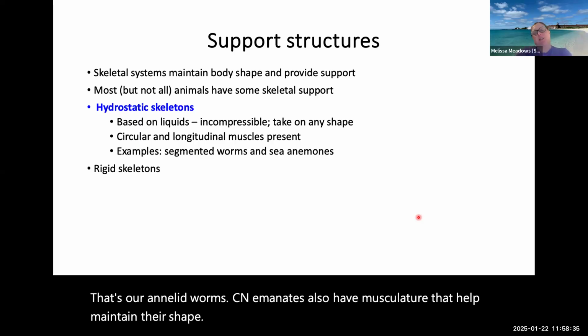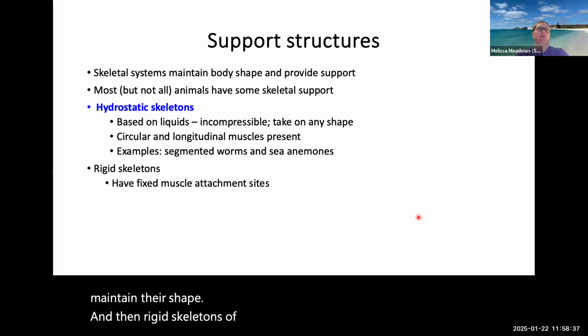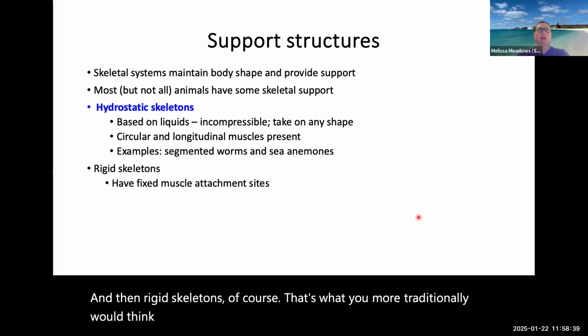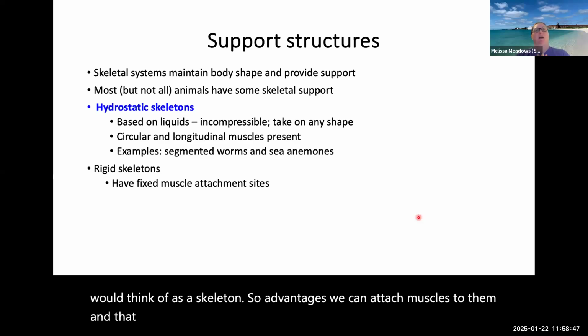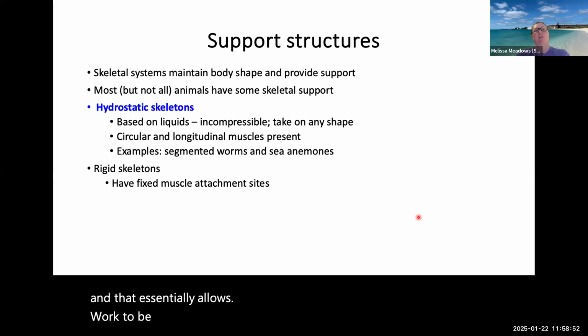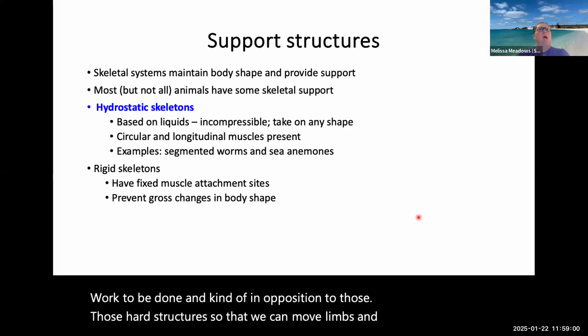And then rigid skeletons, of course, that's what you more traditionally would think of as a skeleton. So advantages, we can attach muscles to them, and that essentially allows work to be done in opposition to those hard structures so that we can move limbs and things like that.